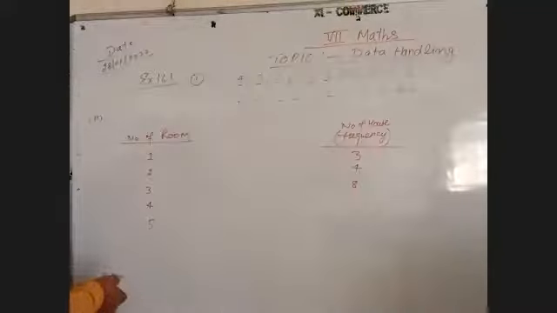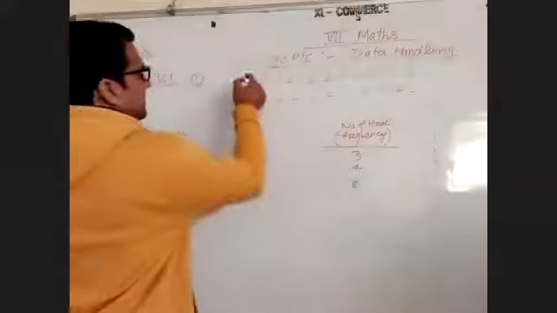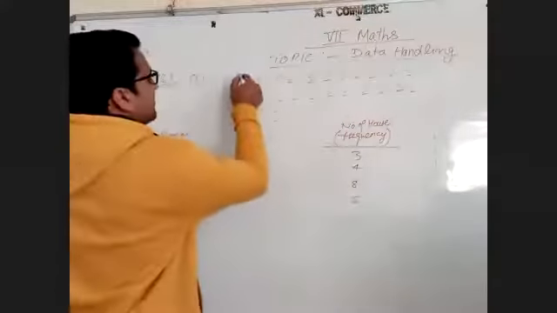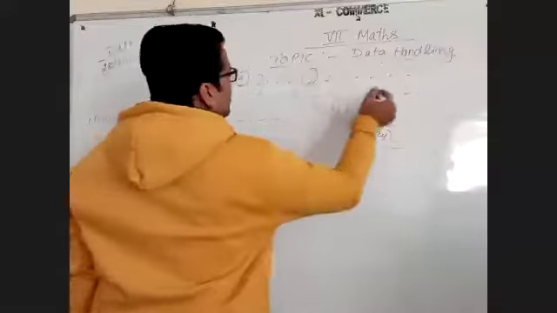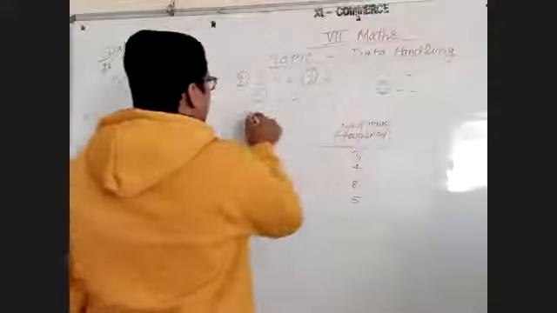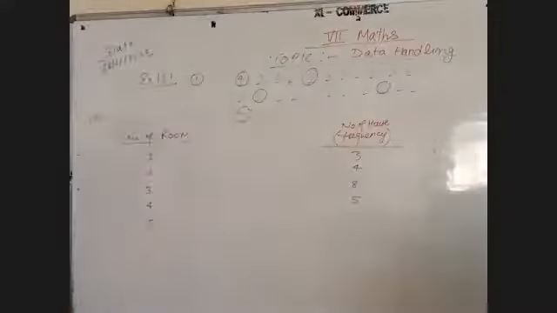Now 4, how many times 4 is repeating? 4 is repeating, I think 5 times. 4 is repeating 5 times. 1, 2, 3, 4, and 5. Now 5.